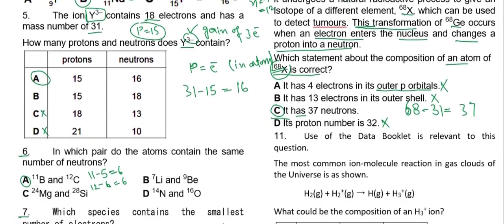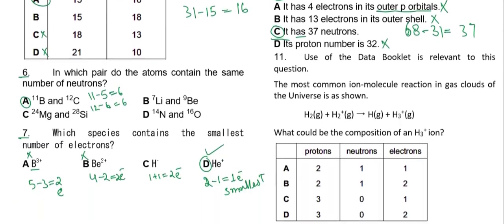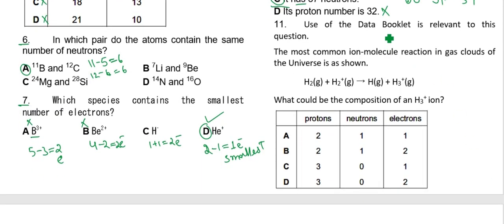Question 11, use of the data booklet is relevant to this. In your previous version before 2022, you were provided with a data booklet with more information like the periodic table, the ionization energies and all other data.